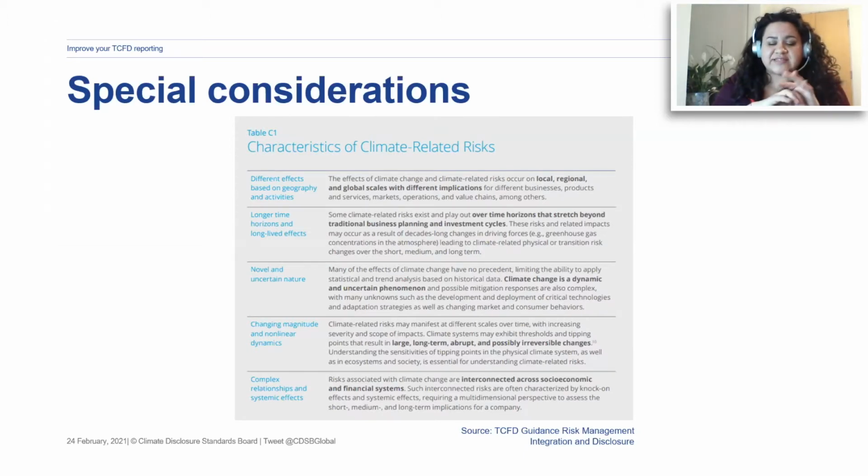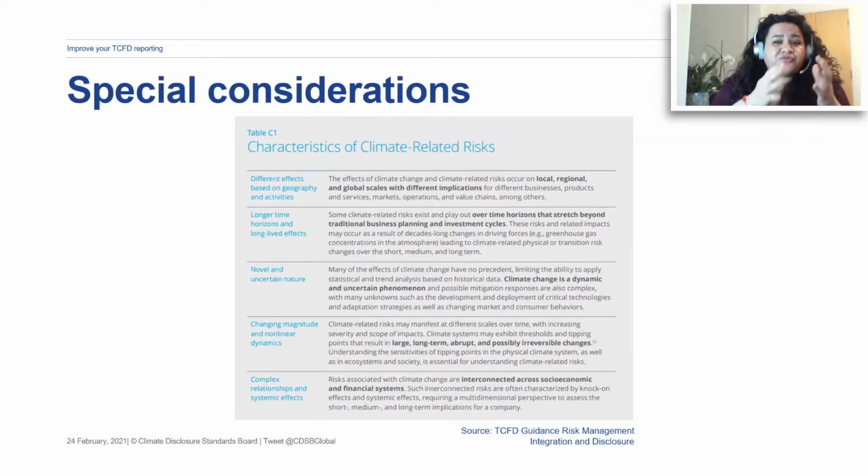It's a really fantastic, to the point guidance. It's quite a short guidance, but it really brings together all the different elements that you need. So while we ultimately want companies to utilize your existing structures and processes, like I said, there are some special considerations that climate change brings to the table. For example, the effects of climate change are going to differ depending on the location.